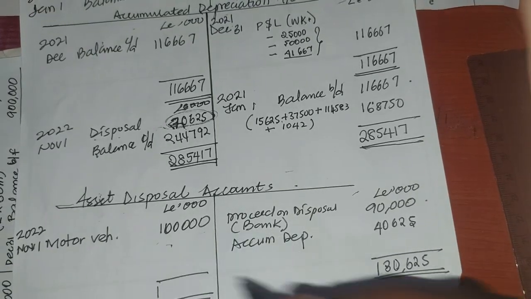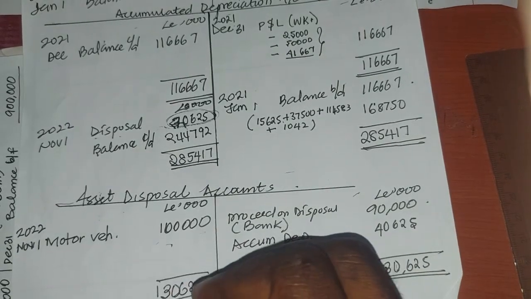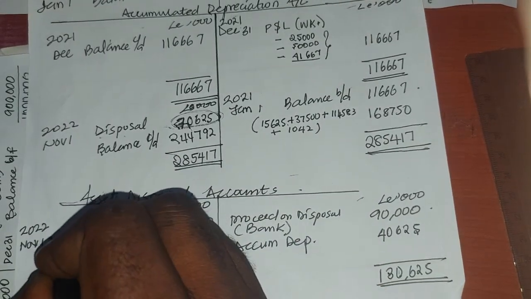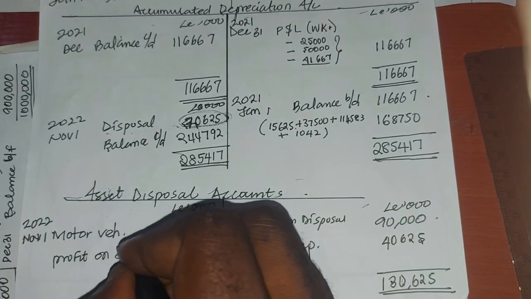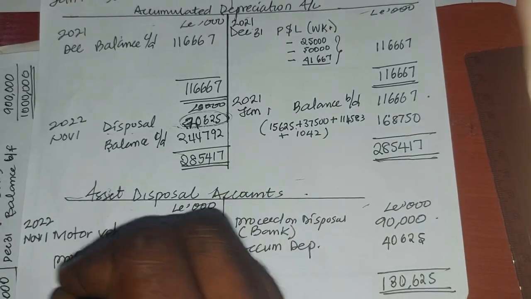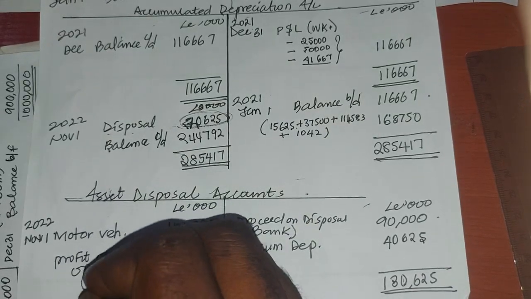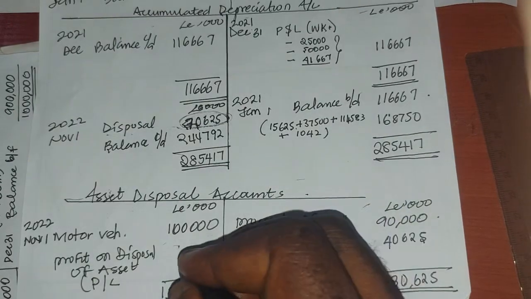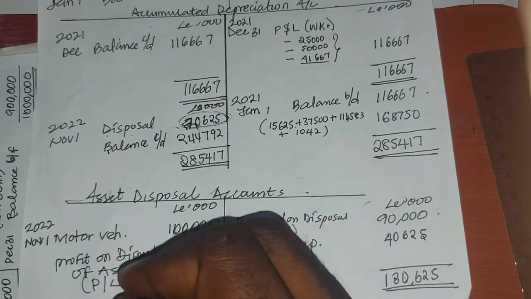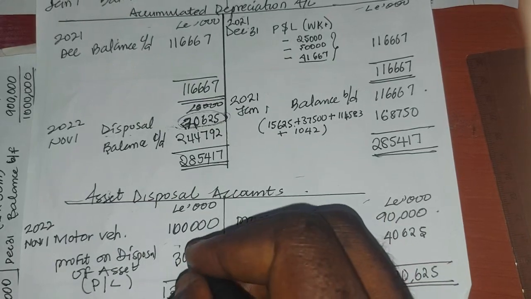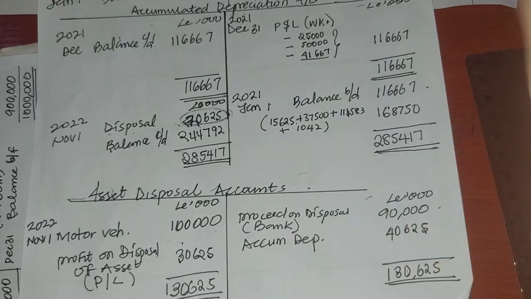Then here we have 130,625, and this gives a profit on disposal. This is profit on disposal of assets, and it goes to P and L for that year. So we are going to have 30,625 as profit on disposal.